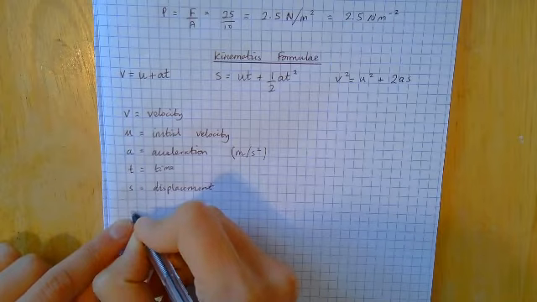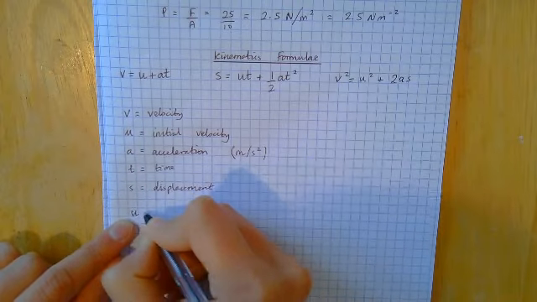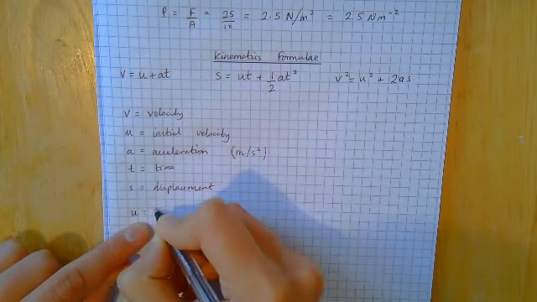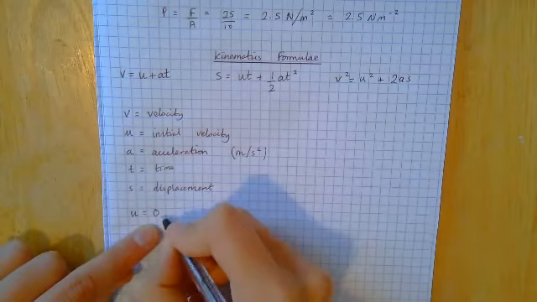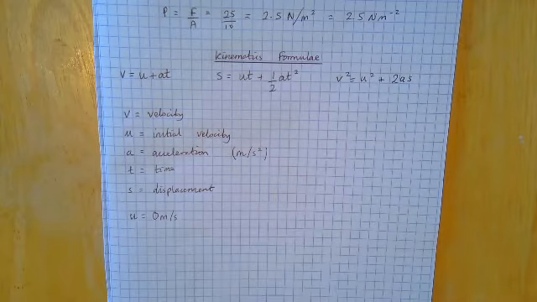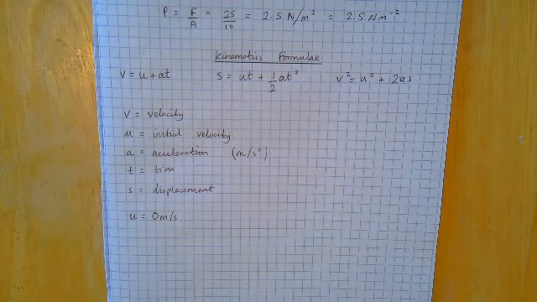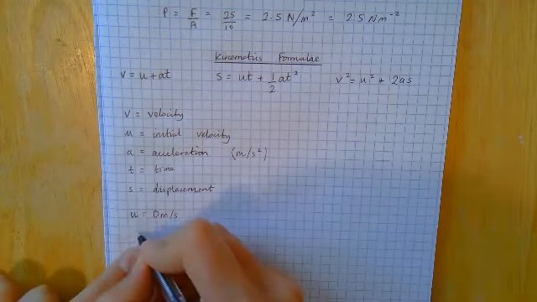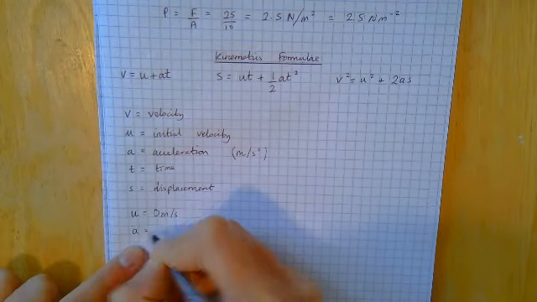So I might be told that I'm starting out, I'm not moving, I'm stationary. So I'm not going anywhere. My initial velocity is 0 meters per second.